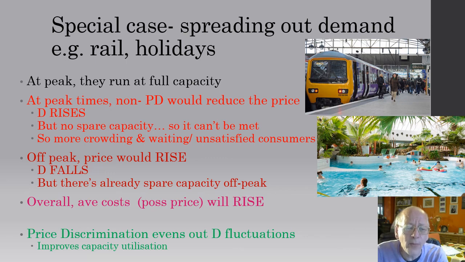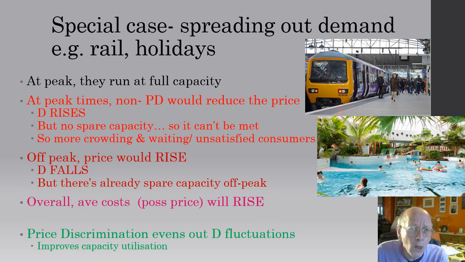Well, similarly, off-peak price would have to rise. And so as a result of that, your elastic consumers would be put off. Now, remember that a lot of holiday firms off-peak, or a lot of trains off-peak, are largely empty. So what you are doing is emptying already largely empty trains or holiday camps. So therefore, that again would not be a good thing.